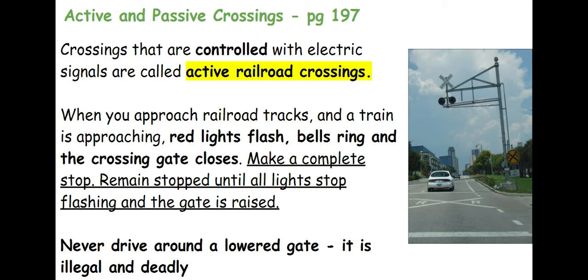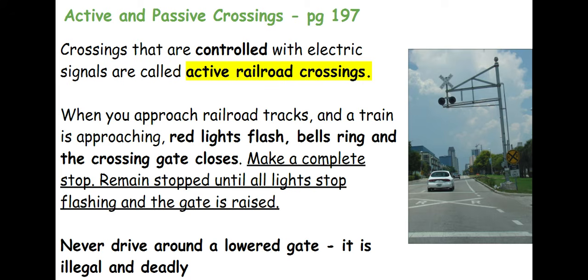We never proceed through that crossing into our path of travel until that gate is up, and never do we drive around a lowered gate. It is legal, it is deadly. It's there to protect you because that train has signaled for that crossing to become active. It is not preparing to stop. It can't stop safely.